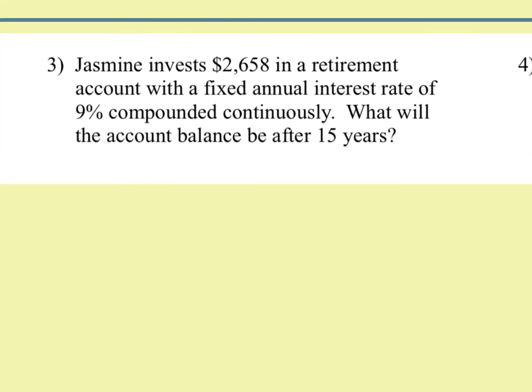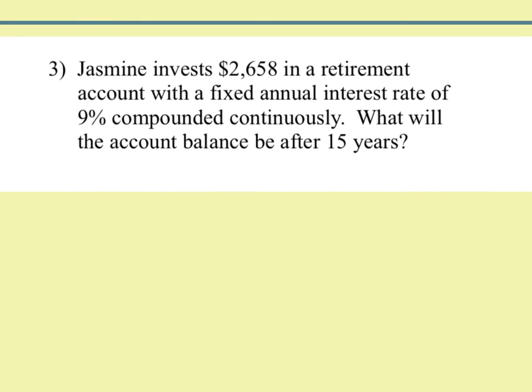All right, so looking at the next one. Jasmine invests $2,658 in a retirement account with a fixed annual interest rate of 9% compounded continuously. What will the account balance be after 15 years? Compounded continuously means we use our PERT formula. So what's P? 2,658.